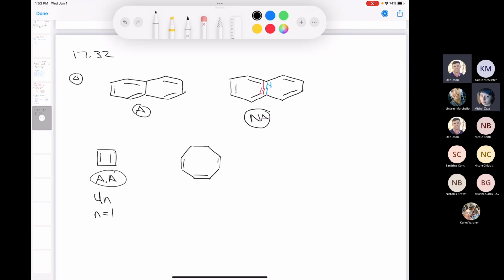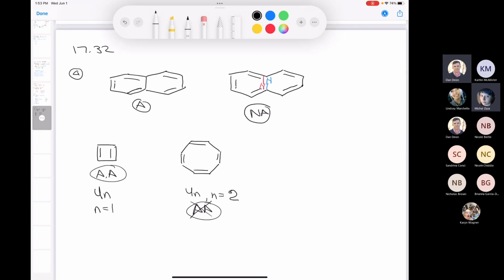cyclooctatetraene, this molecule right here, you might think, well, this is anti-aromatic too. I've got a closed system. I've got a full system of overlapping p orbitals, and it's got a Huckel 4n number, 4n where n is equal to 2. So therefore, this is anti-aromatic. And I said this is a specific case. This compound is not anti-aromatic because it adopts the tub shape. Now, please forgive me.